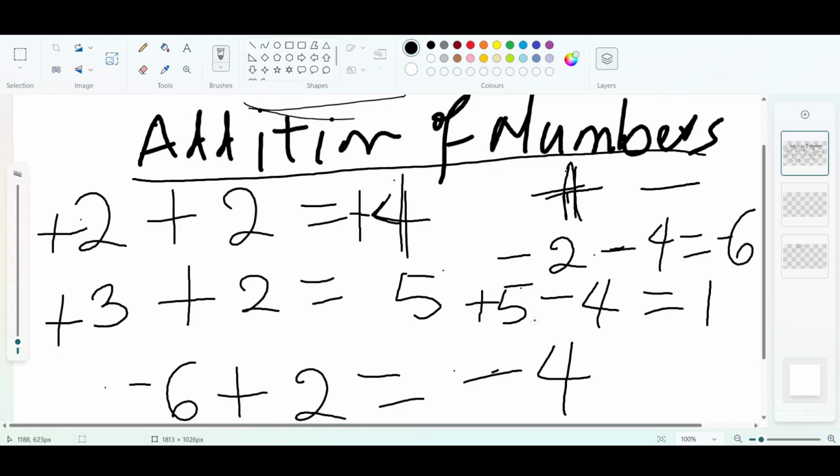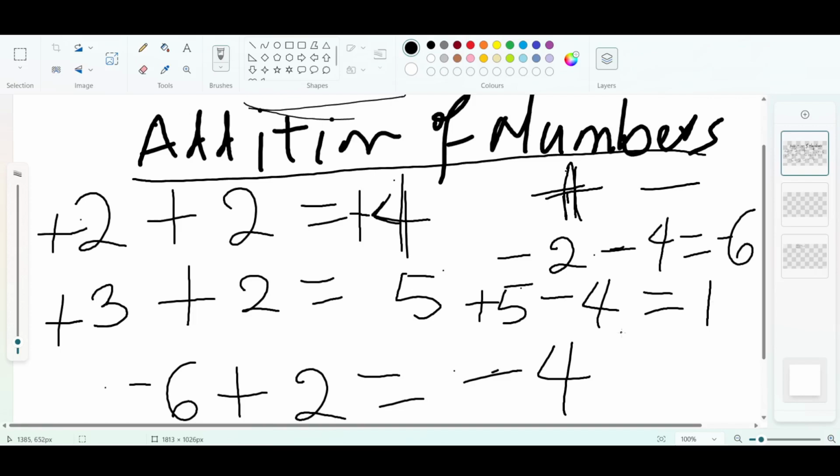So here we now have +5 and -4. So this shows that the signs are different. When the signs are different, what happens? You're going to subtract the small one from the big one. Whichever is the small one out of the two, you subtract it from the big one.